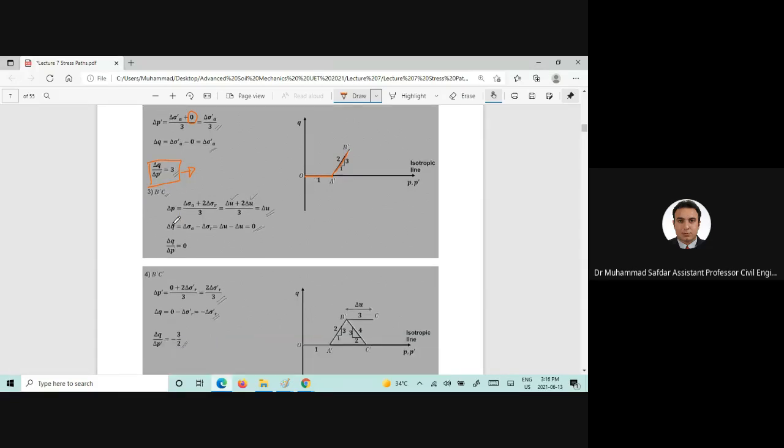Now if we again assume that delta sigma A is equal to delta U, or delta sigma R is equal to delta U, in that case delta P would be equal to delta U, which is represented by delta U from B prime and C stress path, and delta Q divided by delta P prime would be equal to 0.